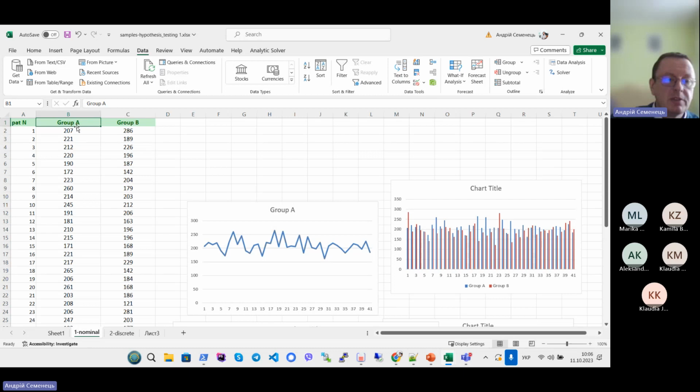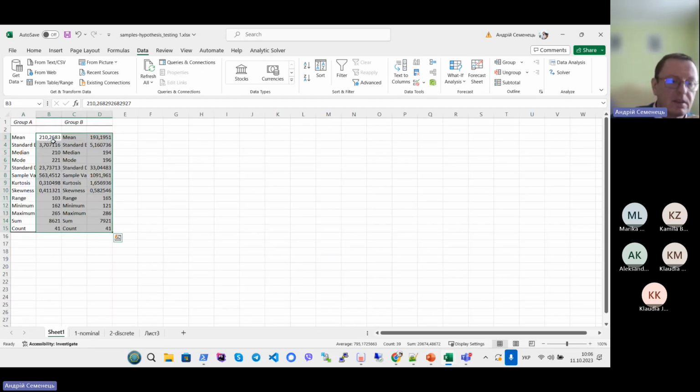Again, it will reflect those values. It will be about the values I measured, and I can see that here, like the average per patient. I have some average value, standard deviation, mode per patient.